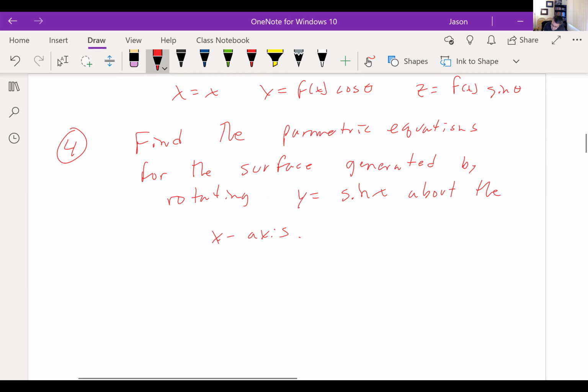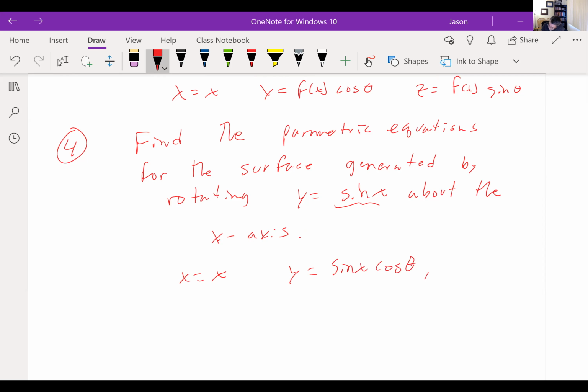Well, okay, so x is equal to x. And y is going to be equal to f of x, which is sine of x, times the cosine of theta.